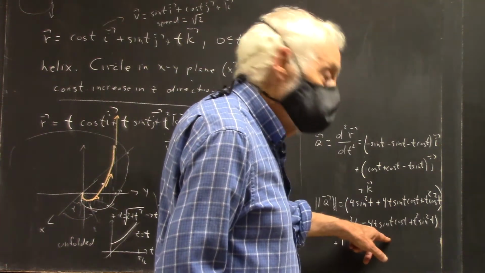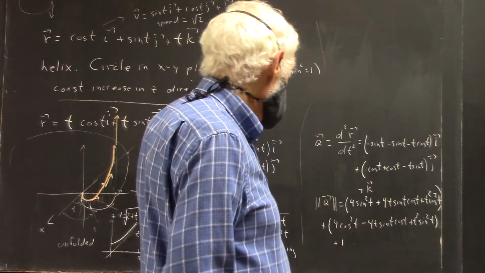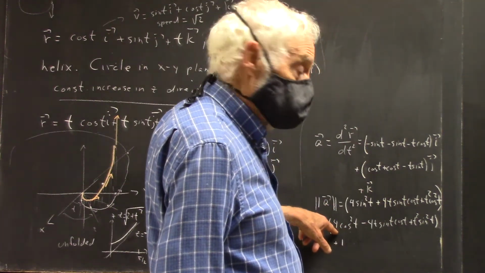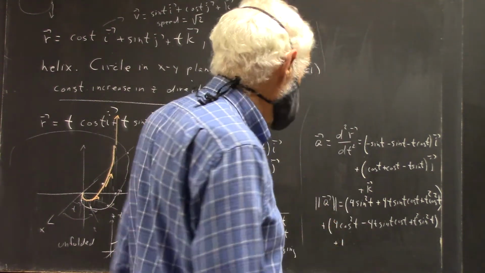And then these two add up to 0. And you're going to end up with a 4 sine squared t plus 4 cosine squared t. That's just going to give you 4.